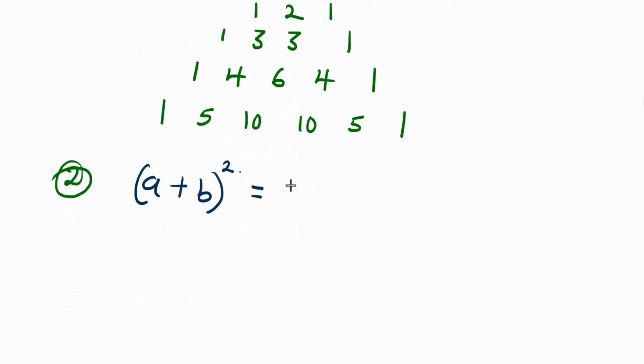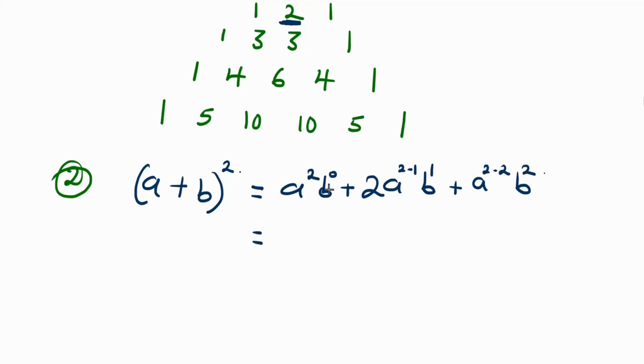So this is the same as having a power 2, then b power 0, plus, using the row 2, 2 times a power 2 minus 1, then multiplied by b power 1, plus the coefficient 1 times a power 2 minus 2 multiplied by b power 2.